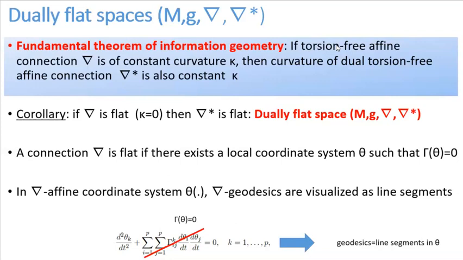And if the connection is flat, then the differential equation characterizing geodesics becomes very simple because this term disappears. This means that in the theta coordinates, your geodesics are just line segments. So you can compute many things like intersections very precisely, because the geodesics are just straight line segments in the parameterization.